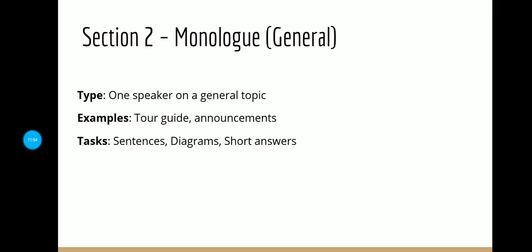Okay, it can be explaining the guidelines or the rules of a particular college, an academy, or something like that. And the tasks that usually appear in section 2 can be sentence completion, diagrams, and short answers also.